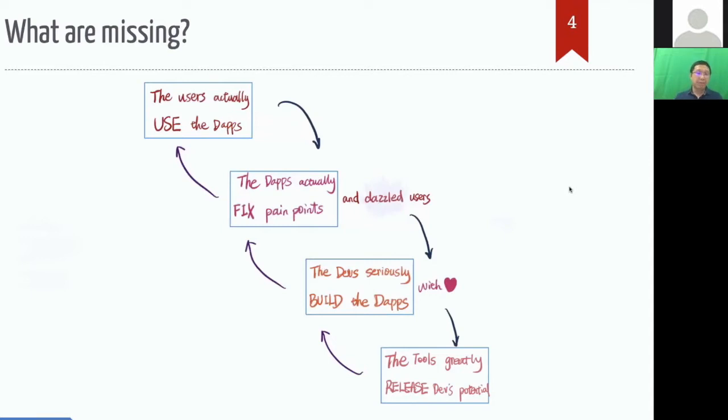And if the developers can build serious DApps, that means the entire tool chain needs to be greatly improved so that it can release the potential of the developers. So this is how the whole flow works, and we are still at a very early stage in the tool chain part.